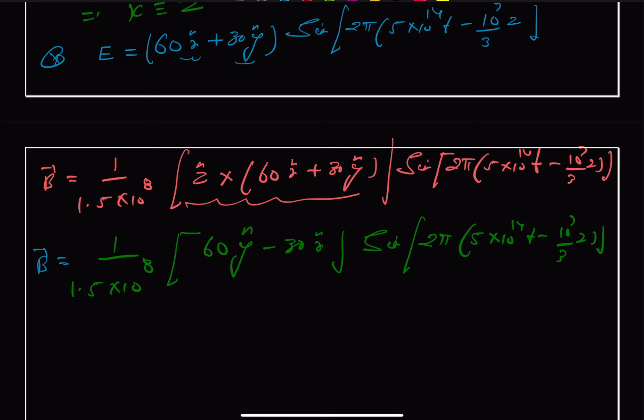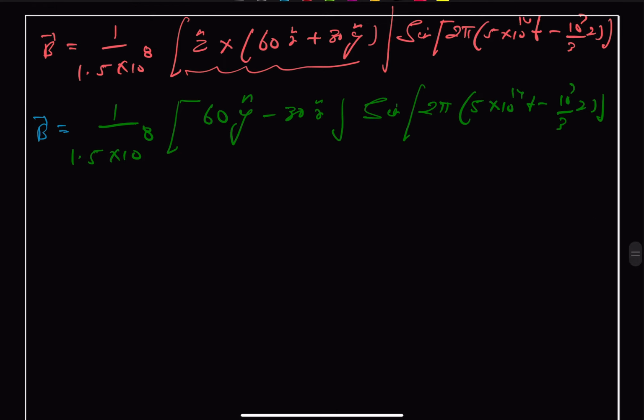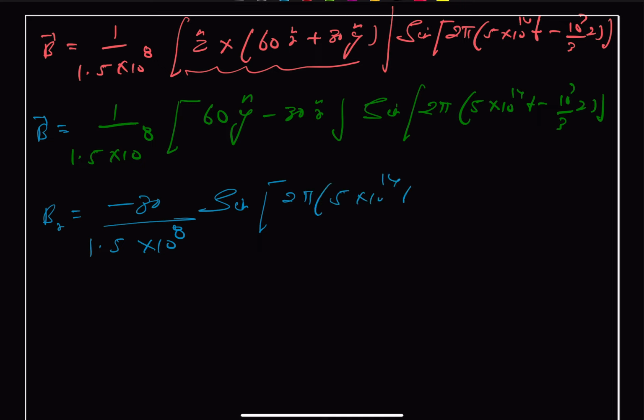Now we can easily divide into components x as well as y. Therefore our x component, which will be B of x, will be equal to minus of 30 divided by 1.5 into 10 to the power 8 sine of 2 pi (5 into 10 to the power 14 times t minus 10 to the power 7 divided by 3 times z).